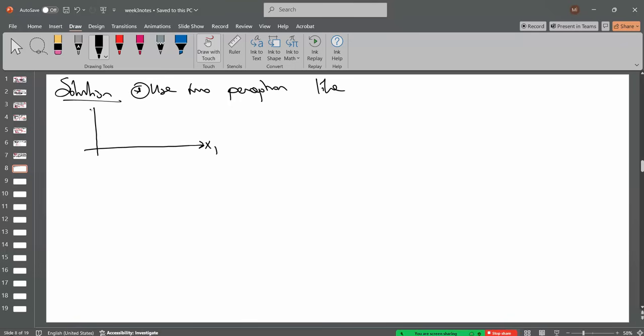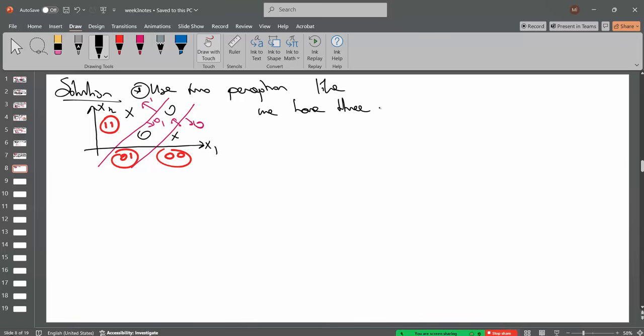We have the x1 and x2, and so this is the x, o, and so we can build one hyperplane, another hyperplane in here, and so this is called the 1, it's called the 0 after the processing of the activation function. This is the region of the 1 and 1, this is the region of the 0, 1, and this is the region of the 0, 0, and so we have 3 regions in here to classify.